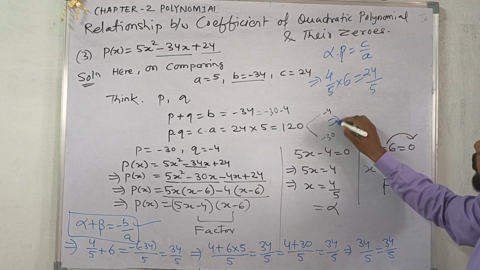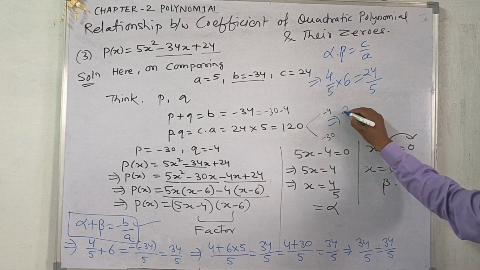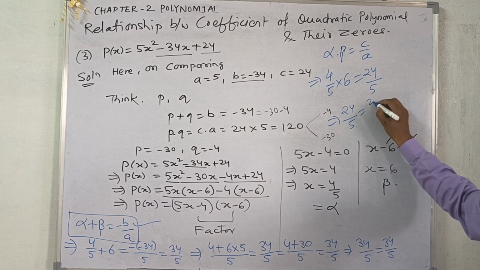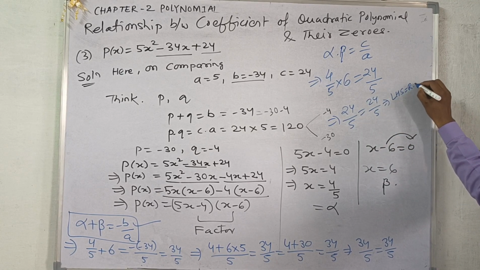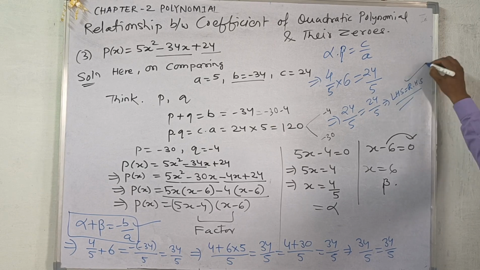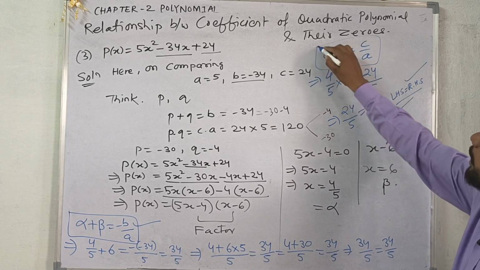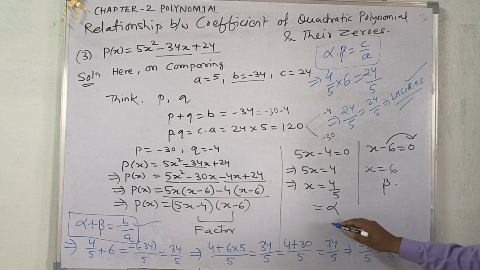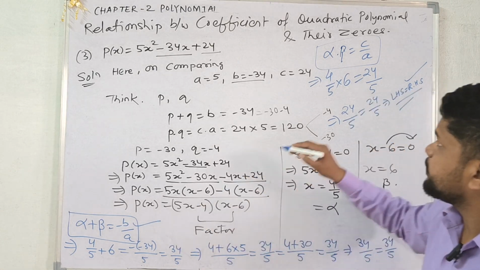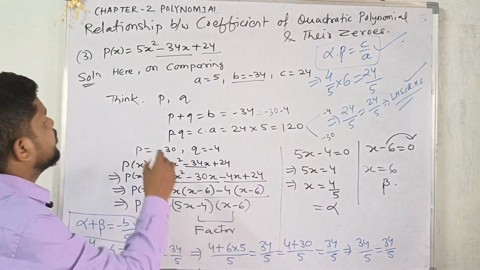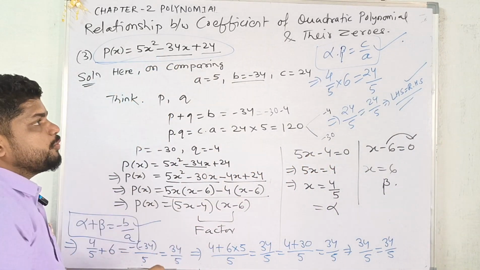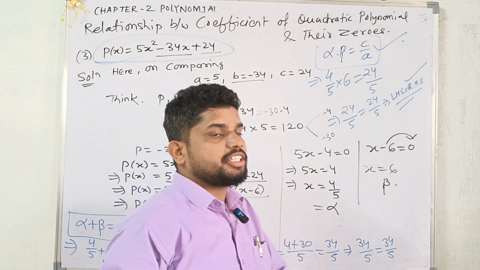And we know that 4 into 6 is 24, so 24 divided by 5, and that is 24 divided by 5. Here also LHS is equal to RHS. This shows that we have satisfied the second condition for the verification. First and second, both conditions are satisfied. That shows that the values of alpha and beta that we have obtained are true for this given polynomial.